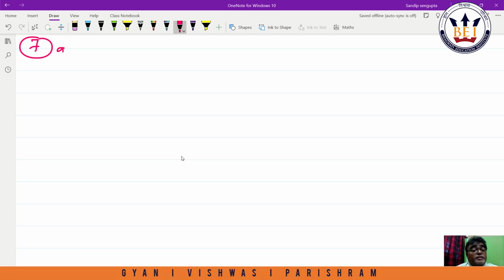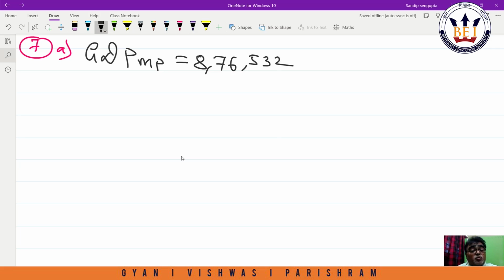7A. GDP-MP is given as 876532. GNP-MP is nothing but GDP-MP plus NFIA.